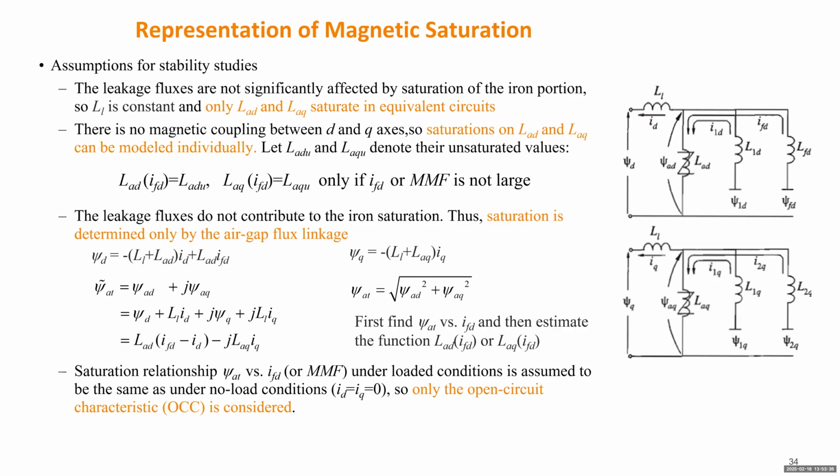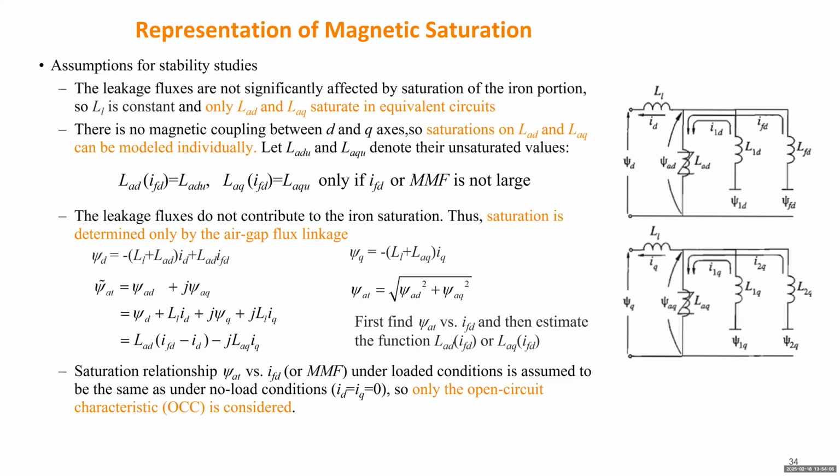So usually manufacturers just do the estimation for no load condition by assuming the terminal current to be 0, which means they only study the open circuit characteristic for the generator, but they simply use this characteristic as the condition with load. So that's not accurate, but that's the best practice. Okay. For stability study, that's good enough.